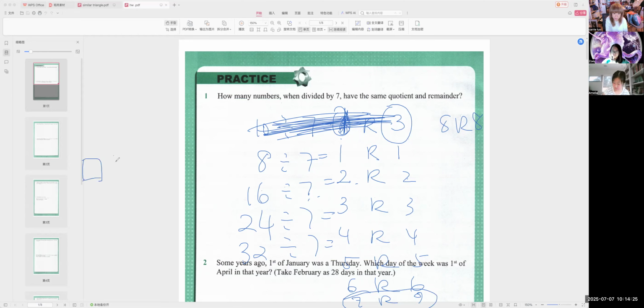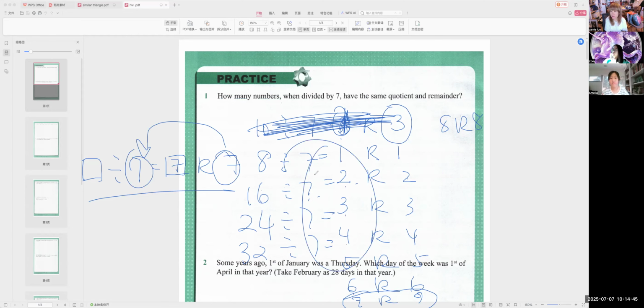A number divided by 7 equals something and the remainder is still 7. Is it okay? The remainder cannot be bigger than the divisor, right? So how many numbers are there? 1, 2, 3, 4, 5, 6. So altogether 6 numbers. Because when the remainder is 7 and the quotient is 8, it's not relevant. So altogether there are 6 numbers. Get it?